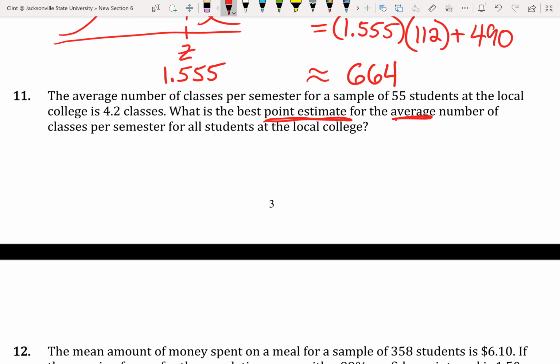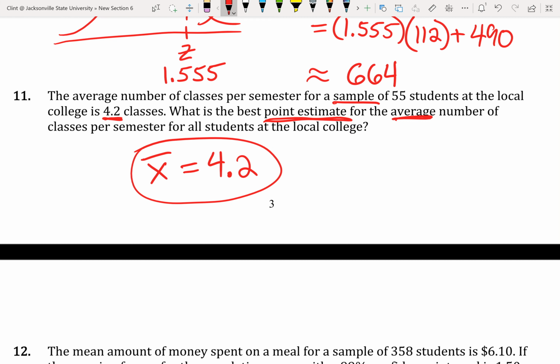And it says for a sample of 55 students, the mean is 4.2. So our point estimate here is 4.2, the sample mean. Remember, the point estimate is our single number estimate we use to start a confidence interval. So it's going to be the sample mean here.